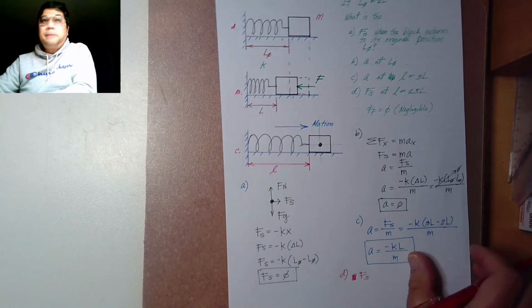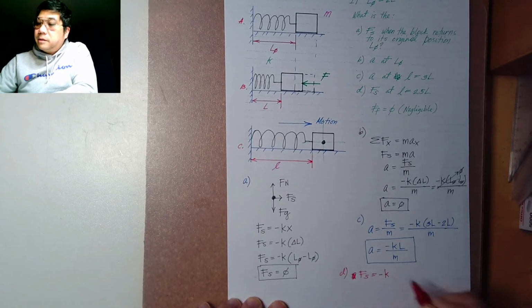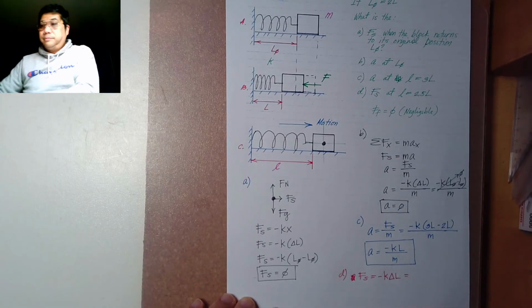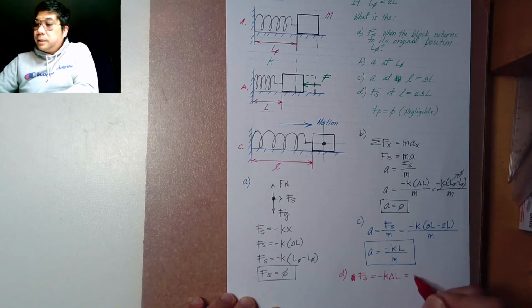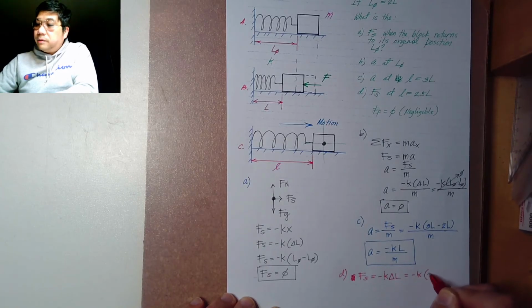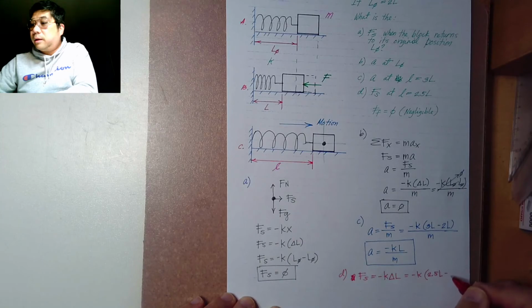Force of spring is simply equivalent to negative K multiplied by X, which is our delta L. Now, that is negative K, and then our final length is 2.5 L minus the original length, which is 2L.